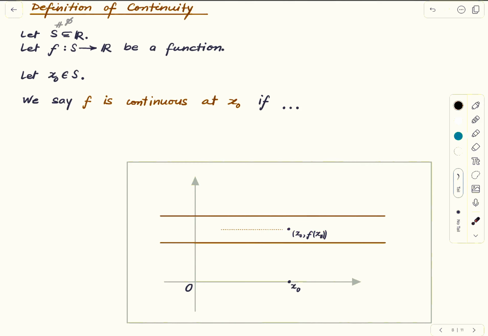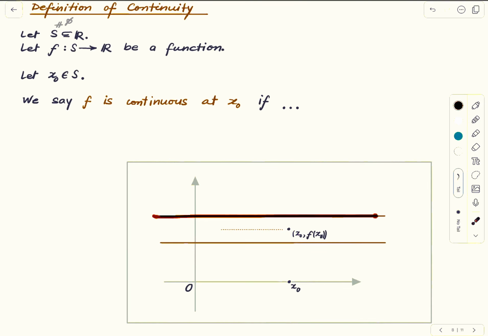Okay. And to say that points sufficiently nearby x0 map to points nearby f(x0) is just saying that there is a small enough delta neighborhood of x0 such that all the points in this neighborhood map within this epsilon band.